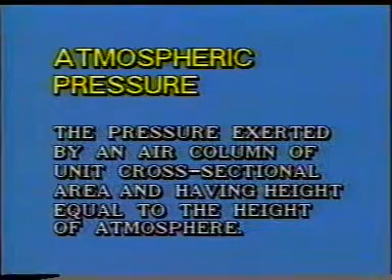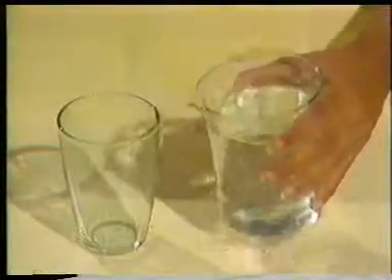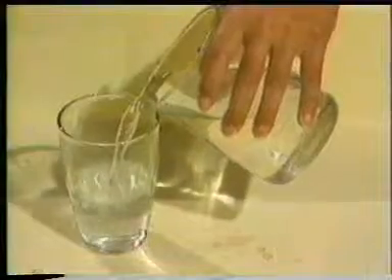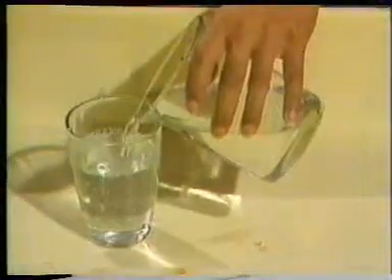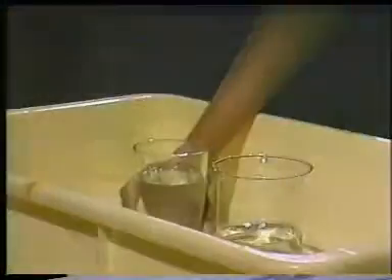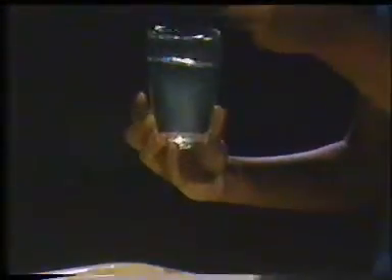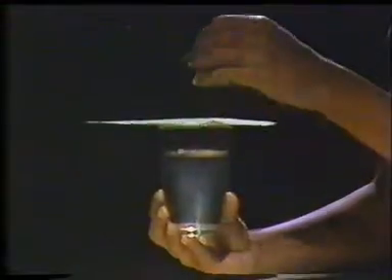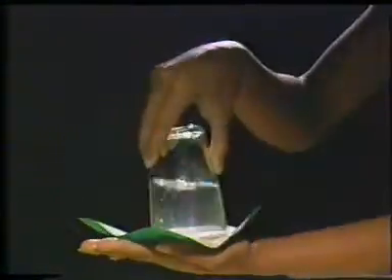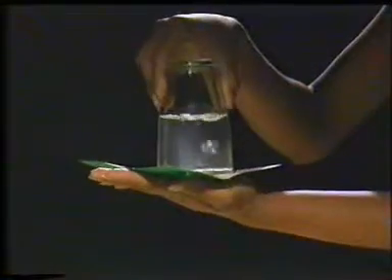To experience atmospheric pressure, let us pour some water into a glass. Now, place a piece of glossy paper over the top of the glass and turn it upside down.